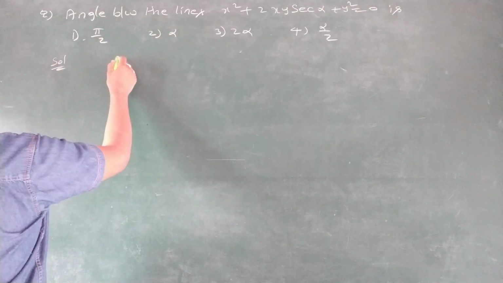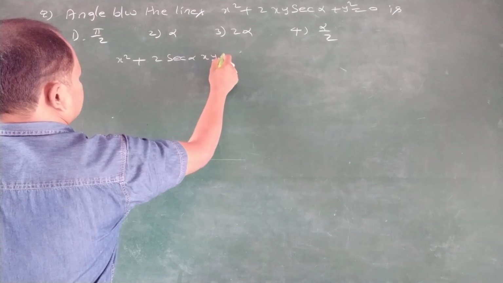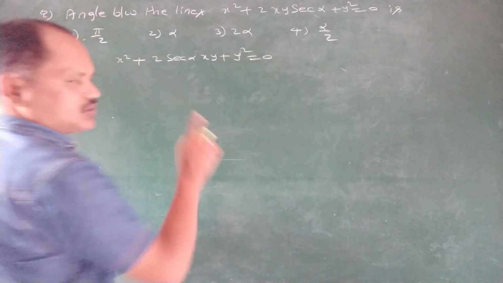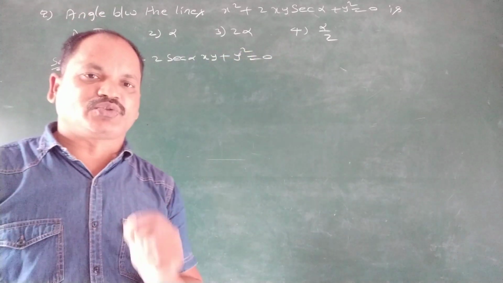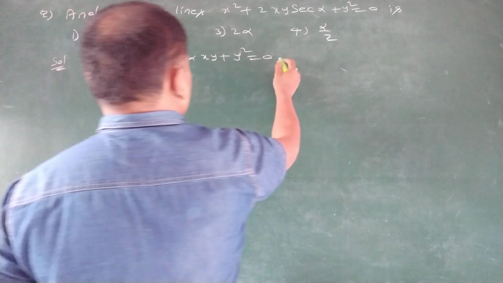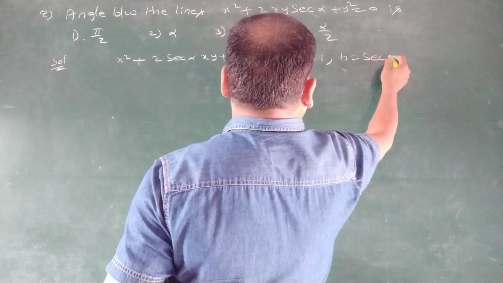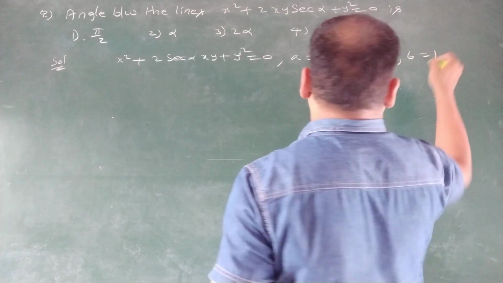The given equation is taken as x square plus 2 secant alpha xy plus y square is equal to 0. We compare with ax square plus 2hxy plus by square is equal to 0. Then a is equal to 1, h is equal to secant alpha, and b is equal to 1.